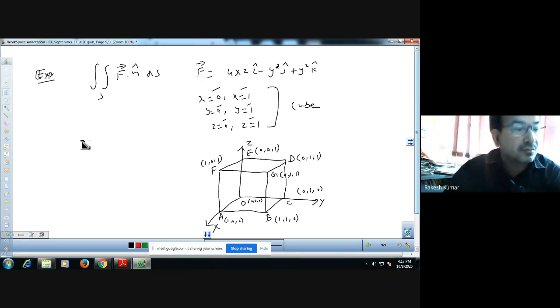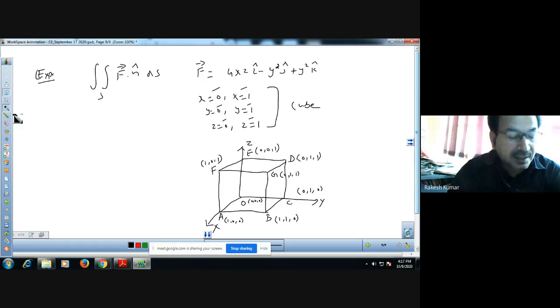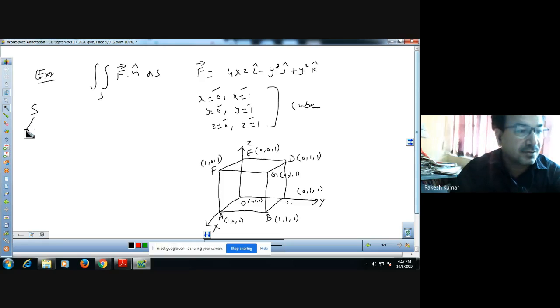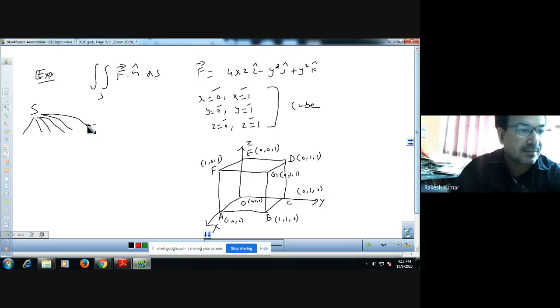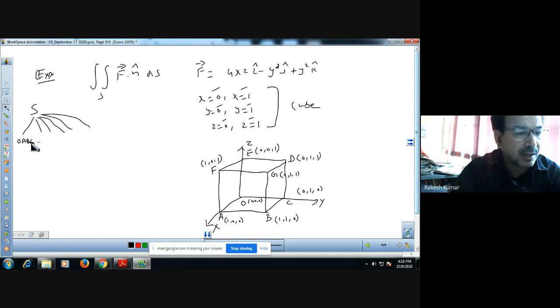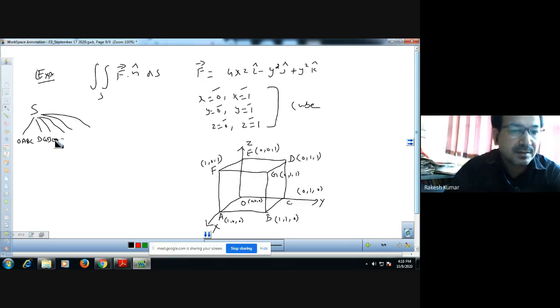Now we have to move accordingly. Clearly, the surface S has been divided into 6 parts, the 6 faces. The first face is OABC, the floor of the room. The second face is DGBC, the side along the y-axis.